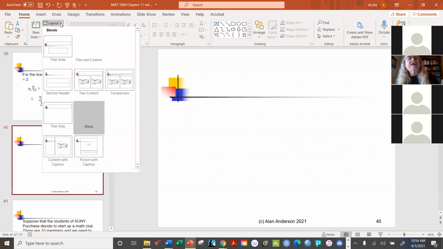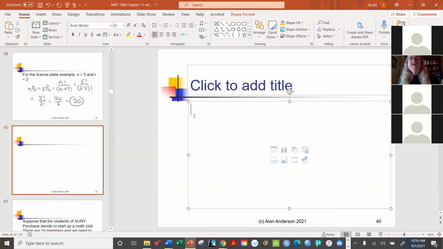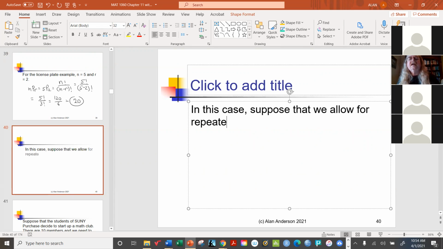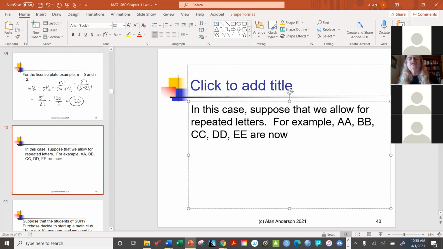This is a different situation. Okay, in this case, suppose that we allow for repeated letters. For example, AA, BB, CC, DD, EE are now valid choices.